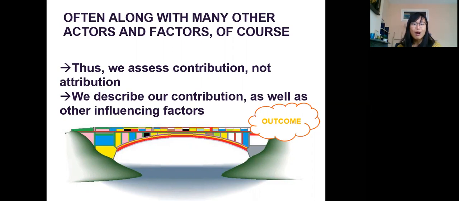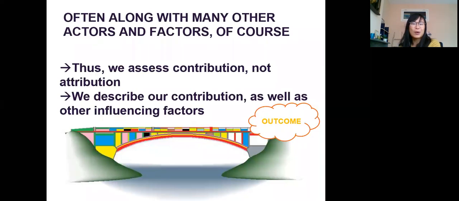We don't want to try to calculate, okay, our project activities attributed 25% to the outcome, because we can never know how much that actually is. It will always be assumptions, because we are all operating in a social world, especially when we are talking about influencing projects.